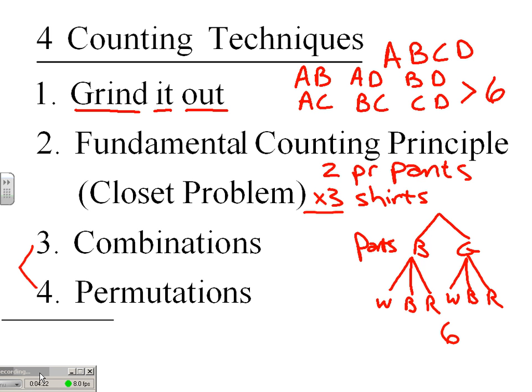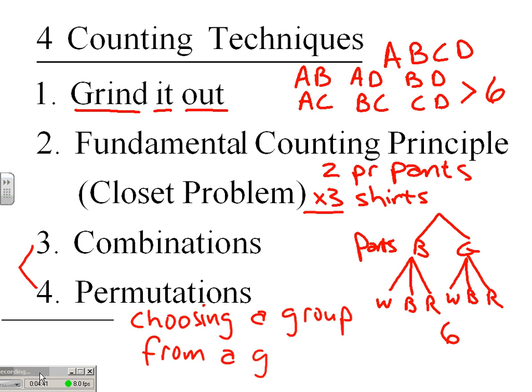For combinations and permutations, we are choosing a group, and the group may just be one, from what is often a bigger group. For instance, I have 23 students in class and I'm going to choose three of them to take to lunch with me, then we're dealing with either a combination or a permutation.